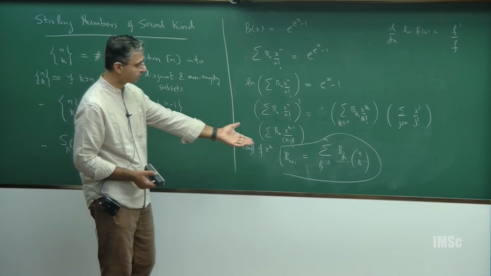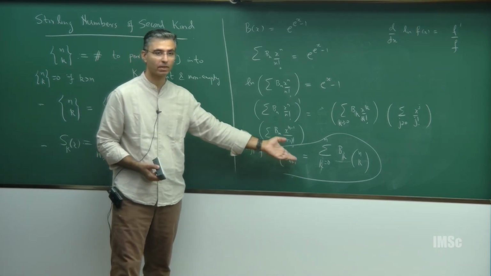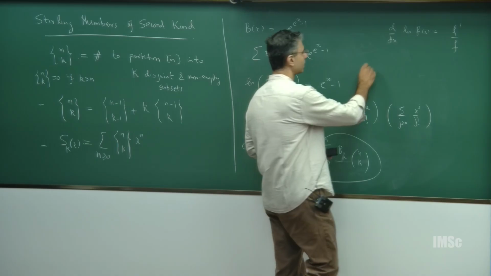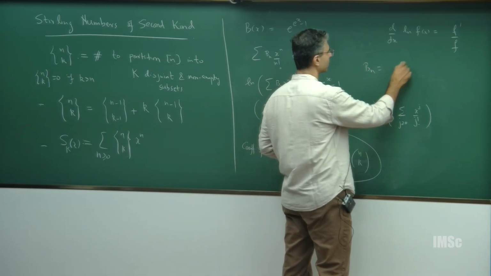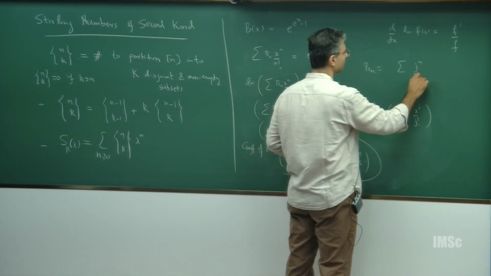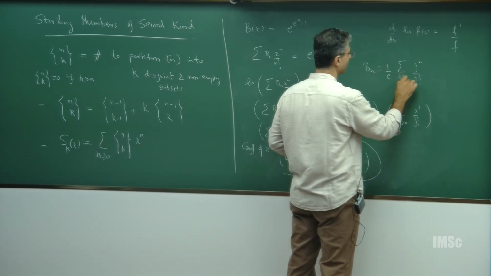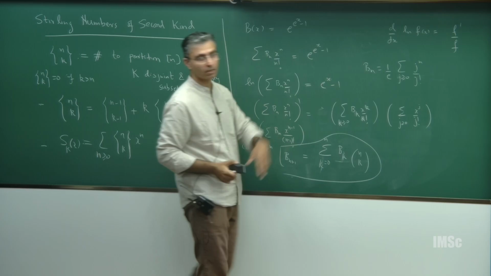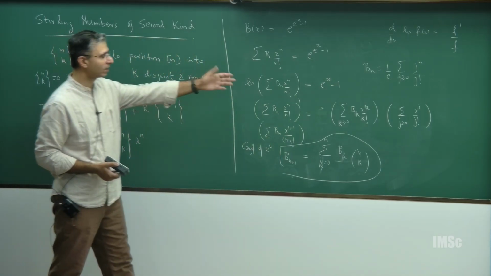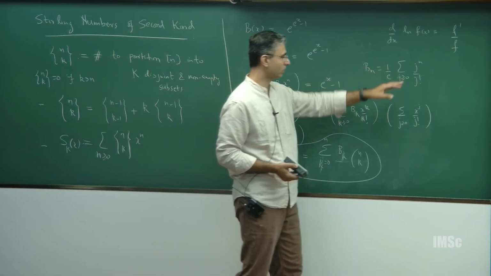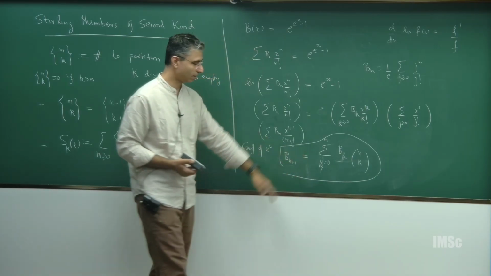And this is much more amenable to computation. The earlier thing, where we had that infinite sum, Bn is the sum of j raised to n upon j factorial, you can compute it with some approximations, but this is nice. This is a recurrence.